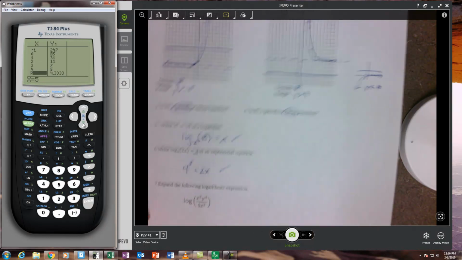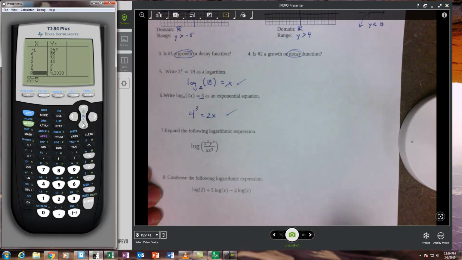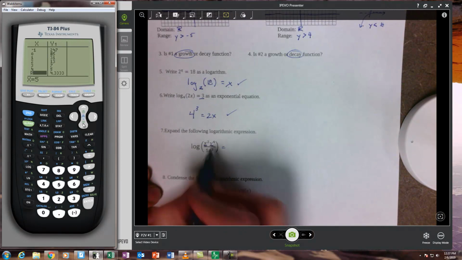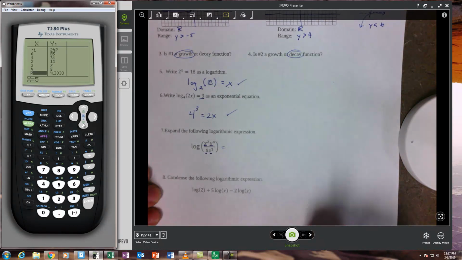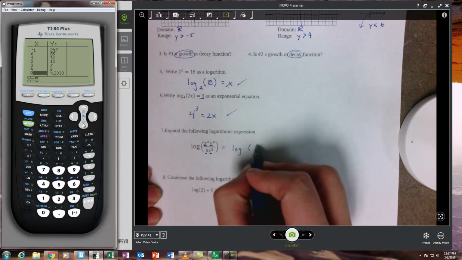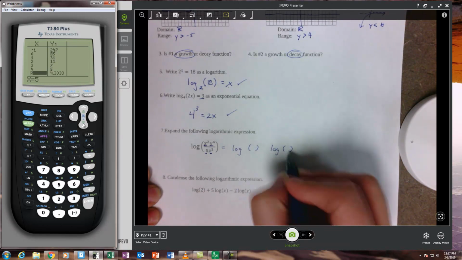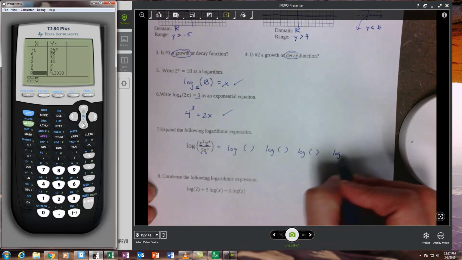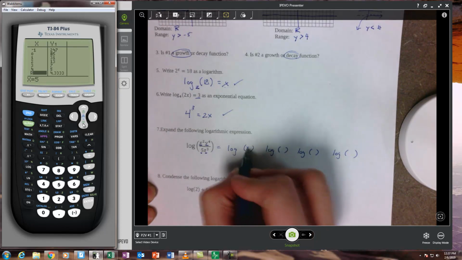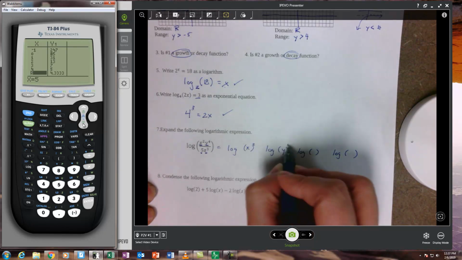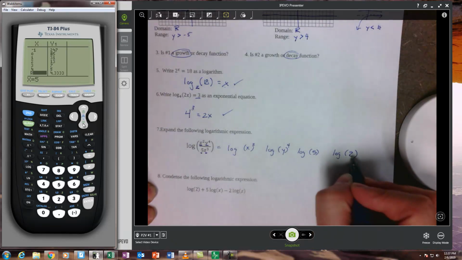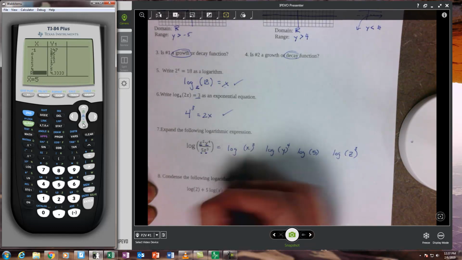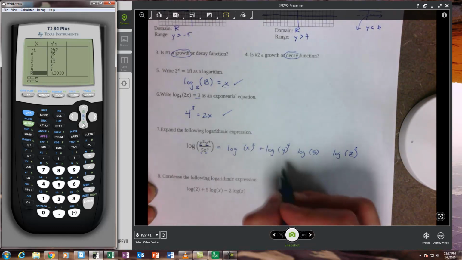Now 7 and 8 ask us to expand and condense some logarithms. When you expand a logarithm, it's important to know how many things are in them. There's an x, a y, a 5, and a z. So that means I'm going to have to write log with parentheses 4 times. The first one would be x squared, then y to the 4th, then 5, and z to the 3rd. Now the rule is that if it came from the numerator, it's positive. Well, that means this one here, the x squared, is positive, and so is the y to the 4th.